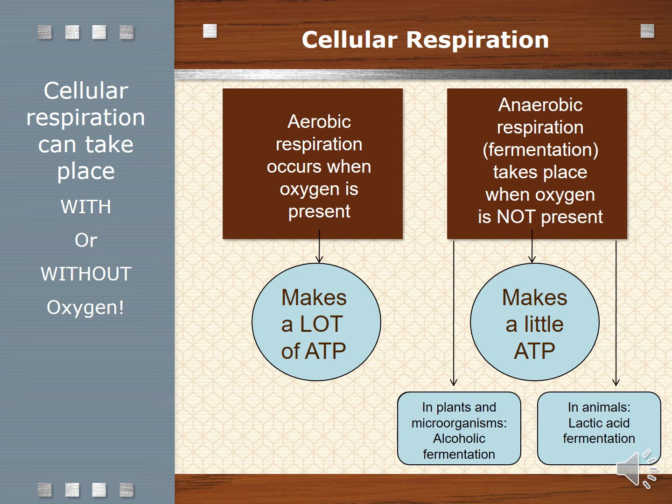Anaerobic respiration, which is also called fermentation, and you may have heard of fermentation, is used to make alcohols. Fermentation and anaerobic respiration occur when oxygen is not present. When it happens in plants and organisms, it's called alcoholic fermentation. This is how we make beer and wine and all those other alcoholic beverages.